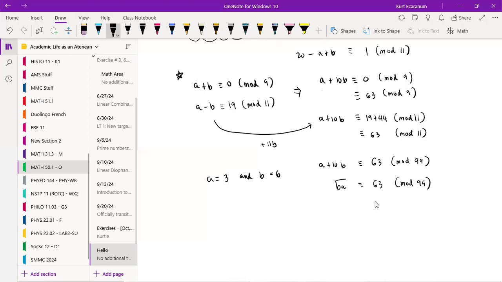So once nakuha na natin ito, we can do clever things like adding 10, like adding 11 kay B, and then adding 9 kay B sa modulo 9. And ewan ko ba, kasi kapag ginawa natin to, parang tinadhana tayong makakuha ng A plus 10B. Na I hope, which is not a coincidence. 'Di ba?